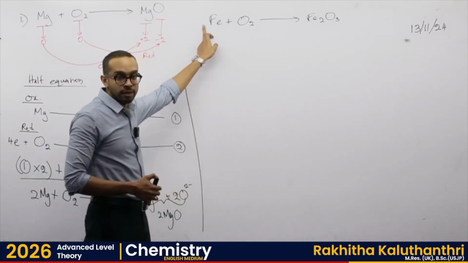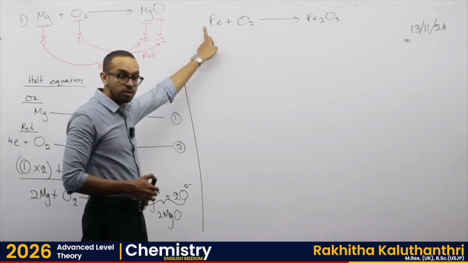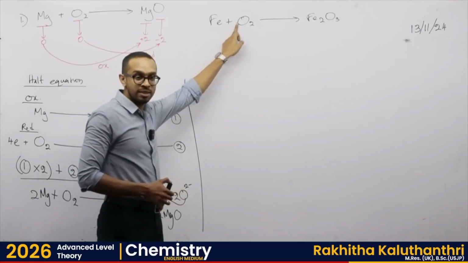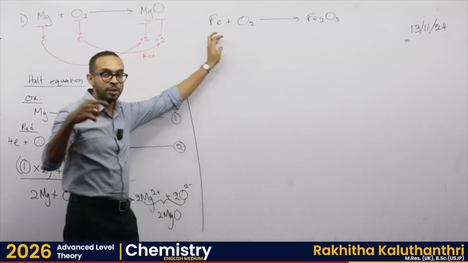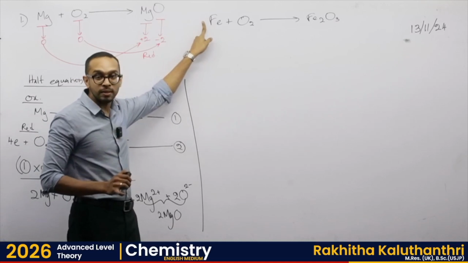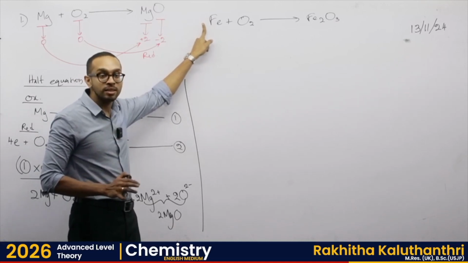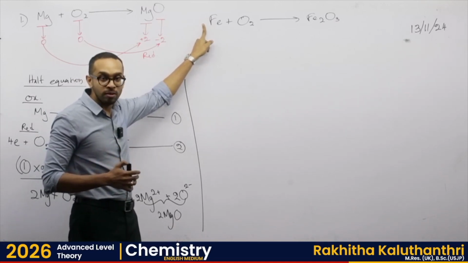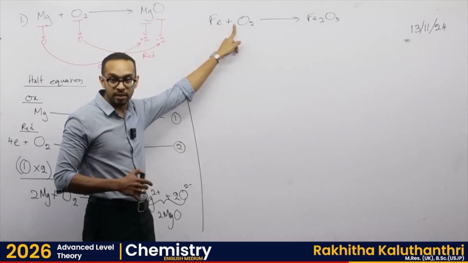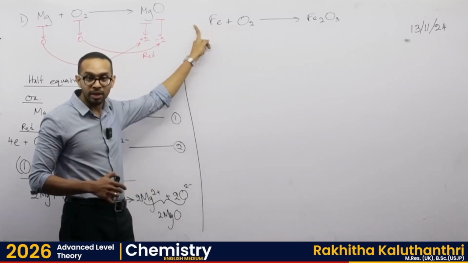What is the number that goes in front of Fe? 2? 2. What about this one? Now I'm asking, after completely balancing it, what should be the number that goes here? 4. 4 and this 3. 4 and 3.